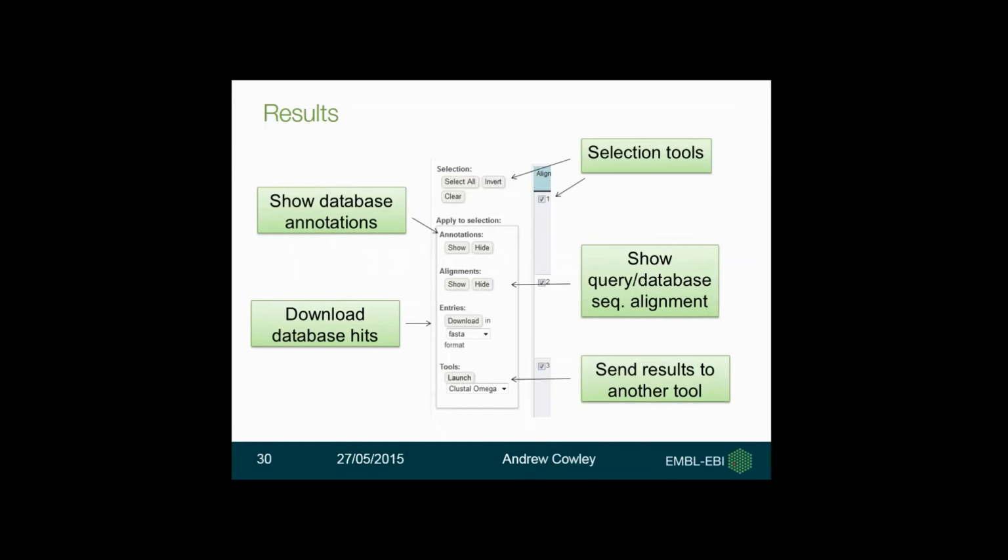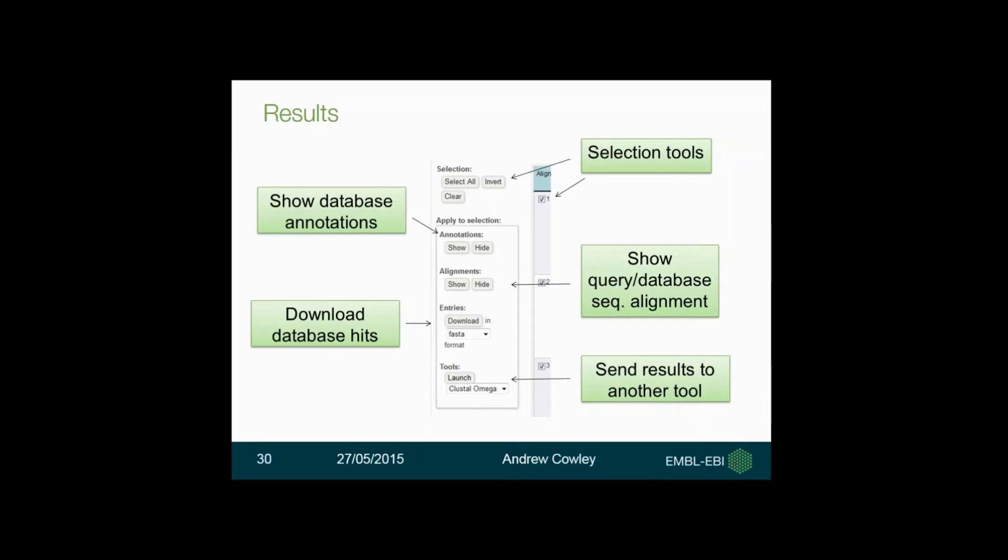On the left of the screen, we have some selection tools. And then we have some other options which apply to those selections. So we have a button that allows us to show or hide the database annotations. We have a button to show the alignment between the query and the database. We have a button that allows you to download the selected hits in, for example, FASTA format, or perhaps the complete entries.